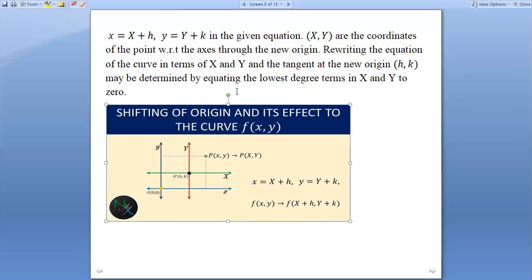Now you can equate the lowest degree terms in X and Y to 0 and find the equation of the tangent at the point h comma k. So whenever you want to find the equation of the tangent at a point, you shift the origin to that point, rewrite the equation, and then equate the lowest degree terms in X and Y to 0. You will get the equation of the tangent at the prescribed point.